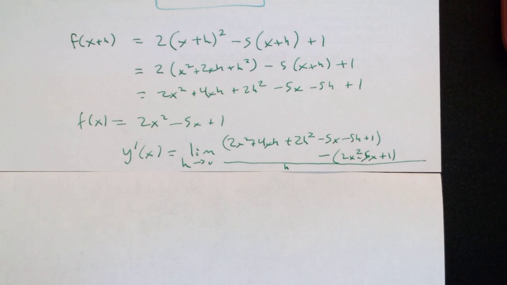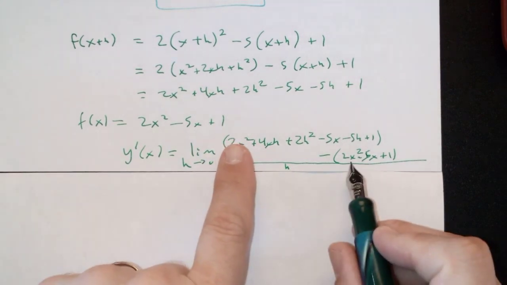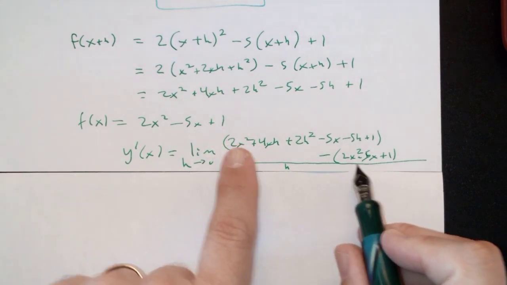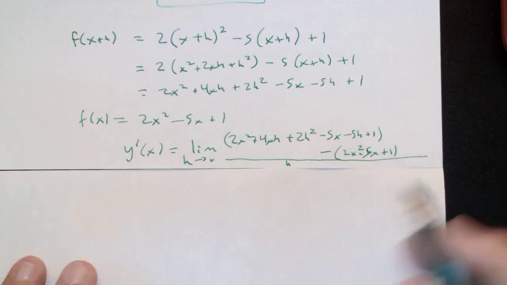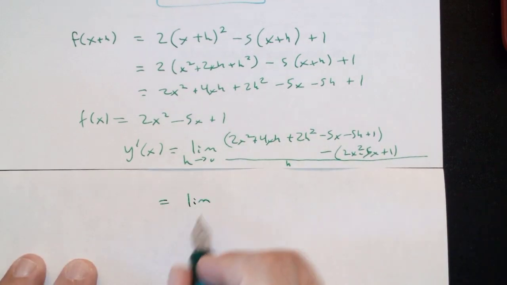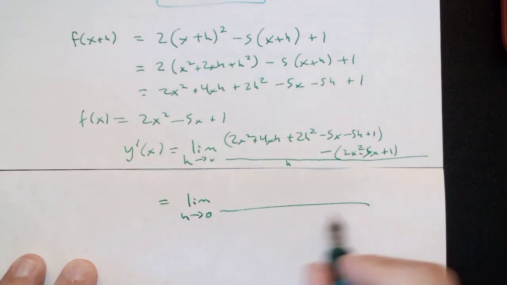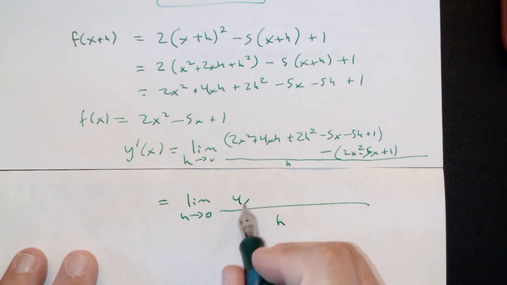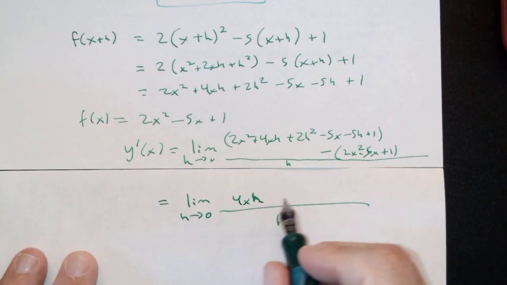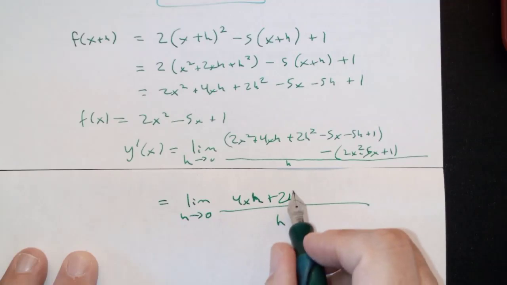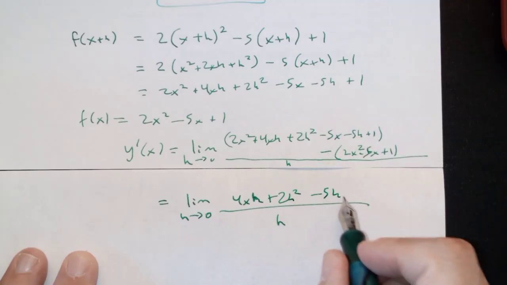I canceled the 4s. What can I cancel here? Just in the top. The 2x squared, the 5x, the 1. So what am I left with? Just in the top, I'm left with 4xh, I'm left with 2h squared, I'm left with minus 5h.